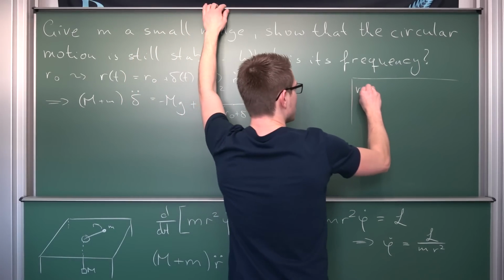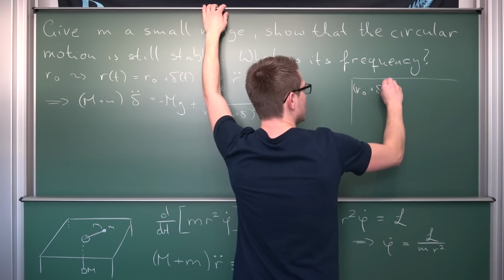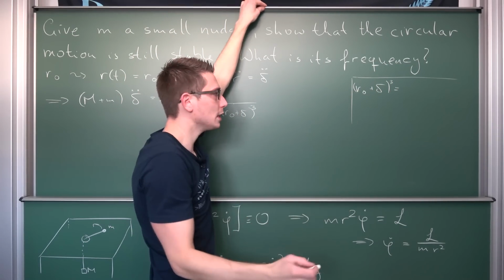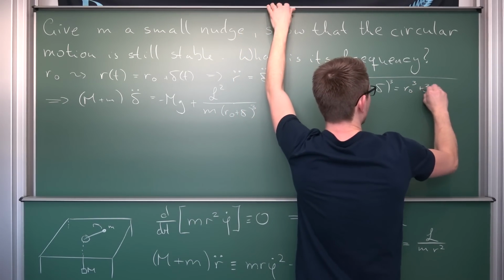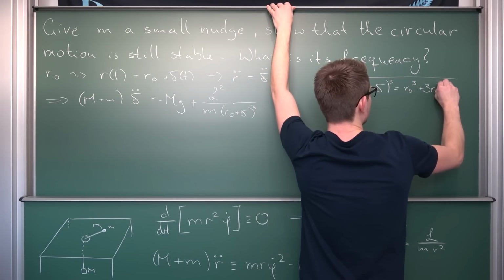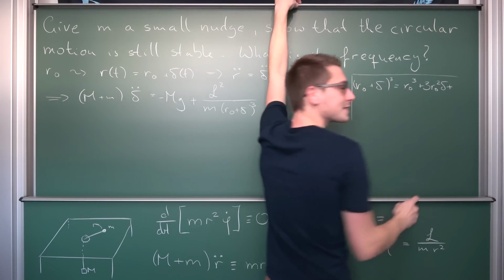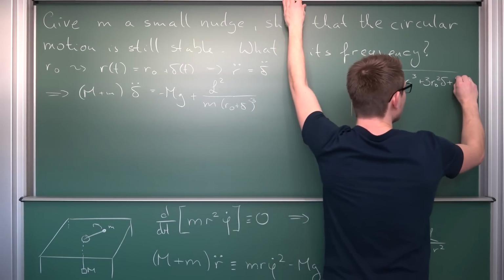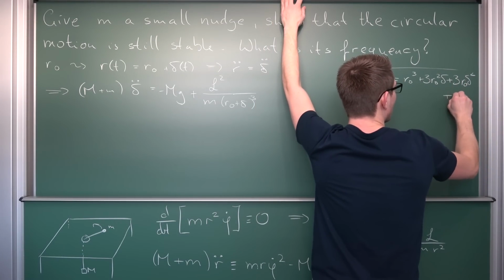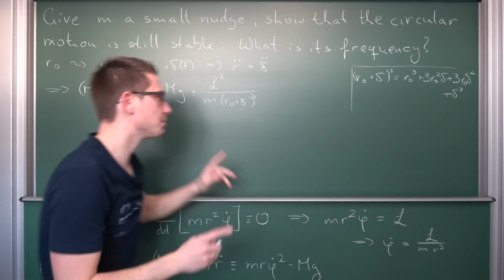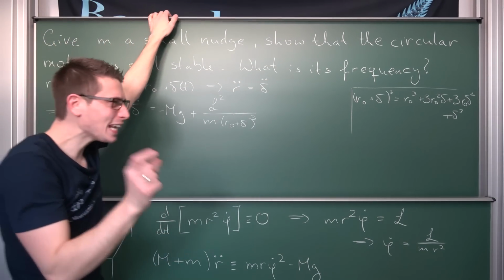This (r naught plus delta) to the third power is overall at first nothing but, okay, we have r naught to the third power plus 3 r naught squared delta plus, and now here's going to come the best part, 3 r naught delta squared plus delta to the third power. And like I said before, this nudge is really, really small.